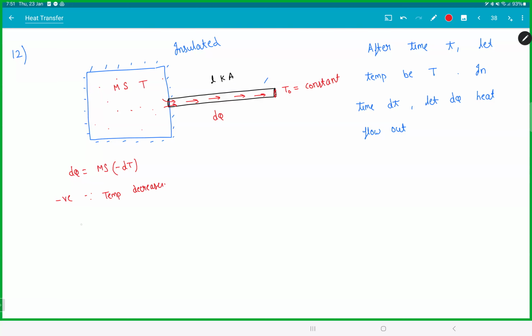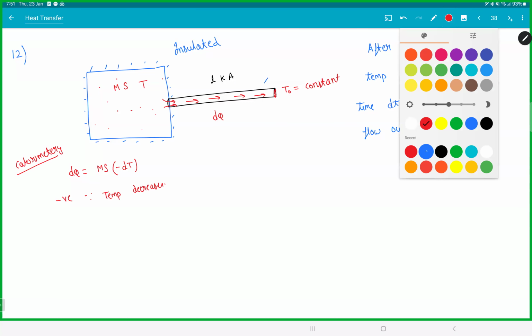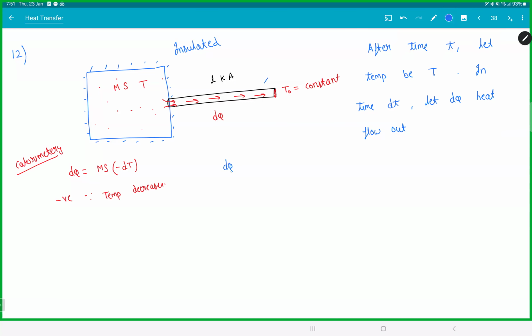This comes from calorimetry, everyone. Whatever heat is being lost by the liquid has to go somewhere. That comes from conduction. dq by dt is equal to Ka, initial temperature is T, final temperature is T naught, by L. This comes from conduction.